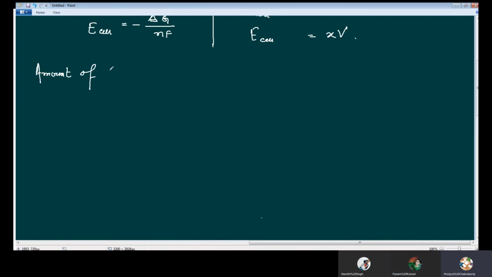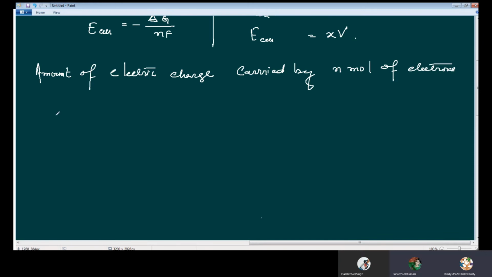The amount of electric charge carried by n moles of electrons is equal to nF.